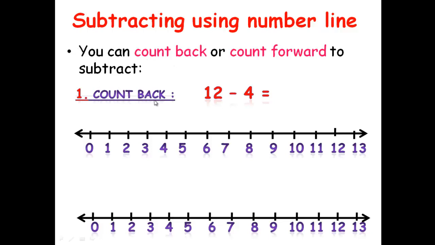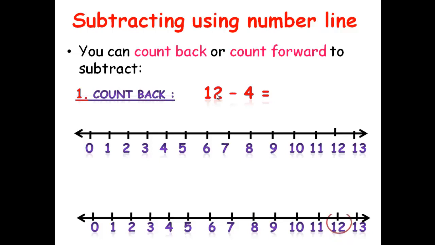I remind you, this way is saying put the big in your head and count back. So now I need to do 12 minus 4. So what is the number that I'm going to put in my head? Is it 12 or 4?